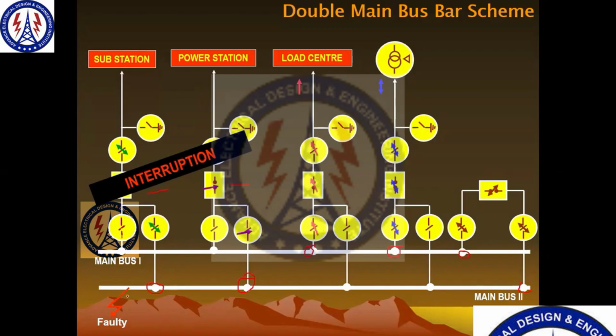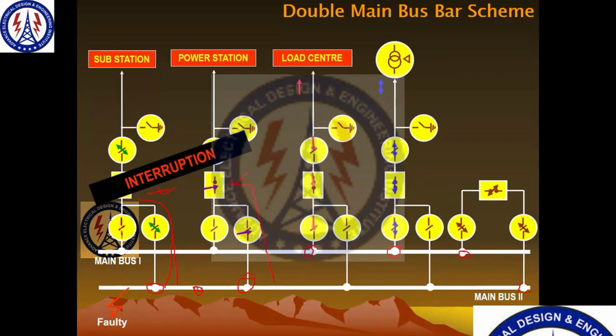The fault will spread everywhere because these feeders are connected on this bus. This bus bar acts as a node, I told you earlier. So from wherever it is getting the power or delivering the power, everything will be hampered. So in this case, these two feeders will have an interruption, and these two circuit breakers will trip.